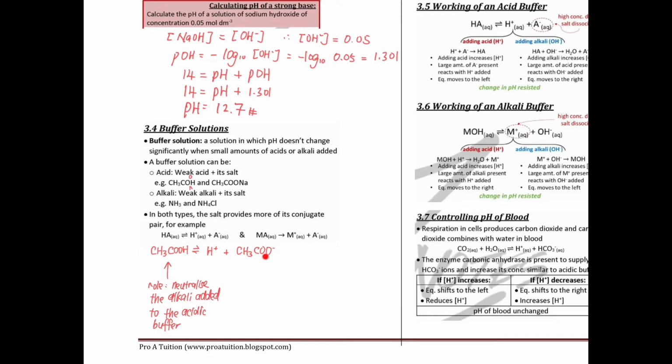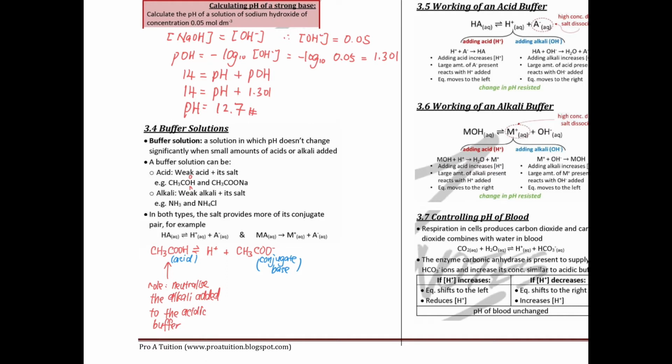These ethanoate ions have something special. Ethanoic acid is acid, as we know long time ago. This ethanoate ion has a name. It is known as a conjugate base. So what is a conjugate base actually? A conjugate base is a base, it acts as a base. What is meant by a base?